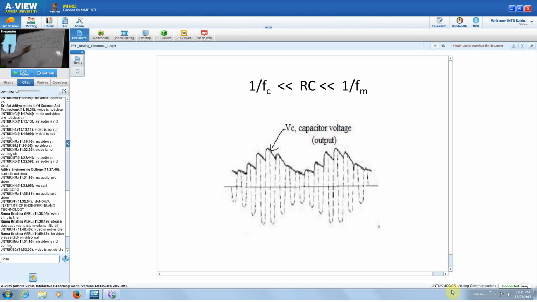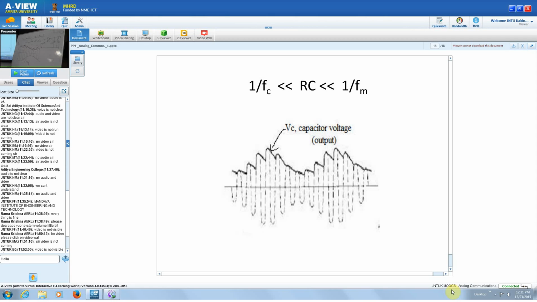So what is the output across this point? This is the output, a sawtooth waveform. But the normal output will not have this much variation, because your FC is much larger than your baseband signal.